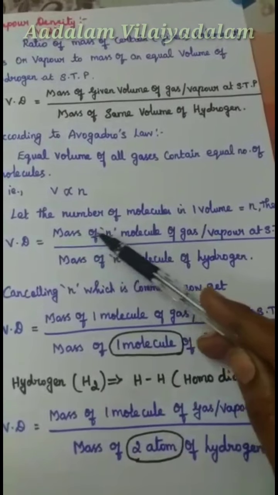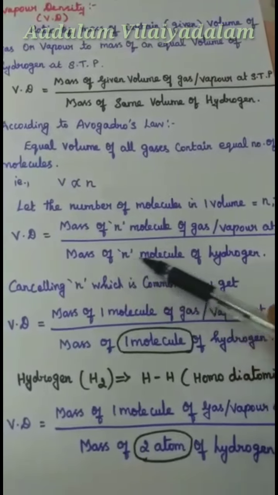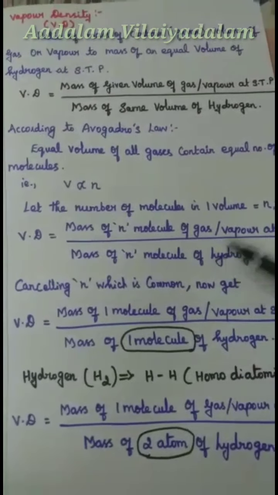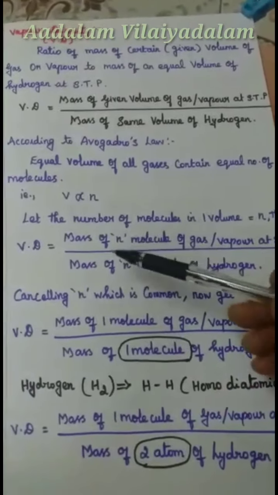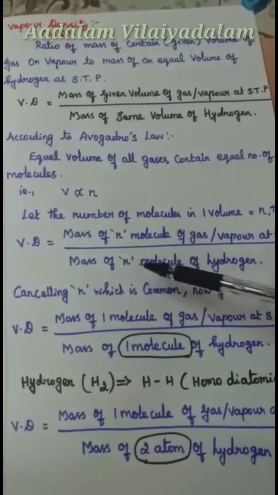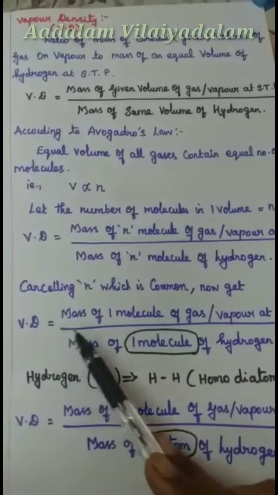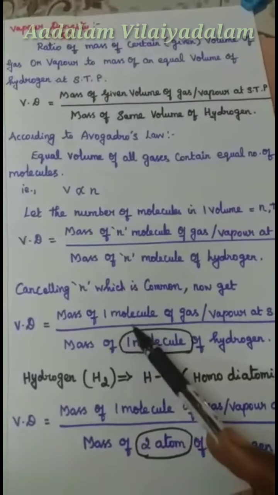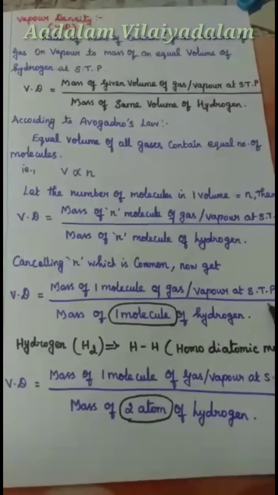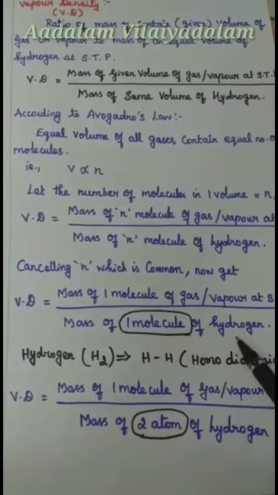So we write the mass of n molecules of gas divided by the mass of n molecules of hydrogen. Now n is common on both sides, so we cancel this n, we get 1. Now the vapor density is equal to the mass of one molecule of gas or vapor at STP divided by the mass of one molecule of hydrogen.